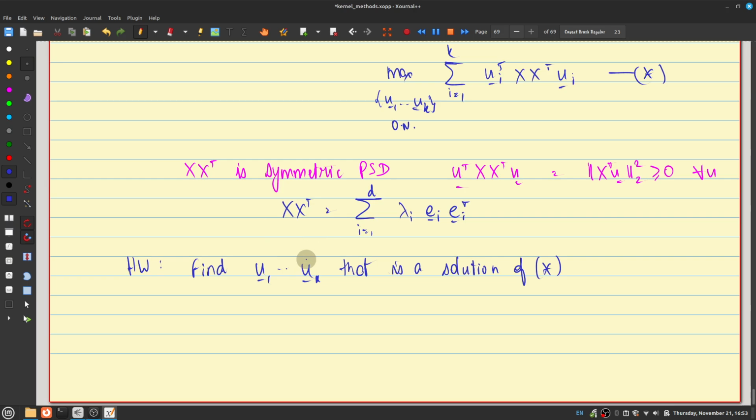Saying the solution will lie in the span of the eigenvectors corresponding to the k largest eigenvalues. That's a subspace. The d eigenvectors will span all of R^d.